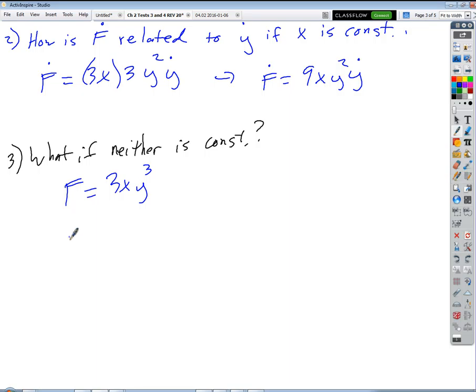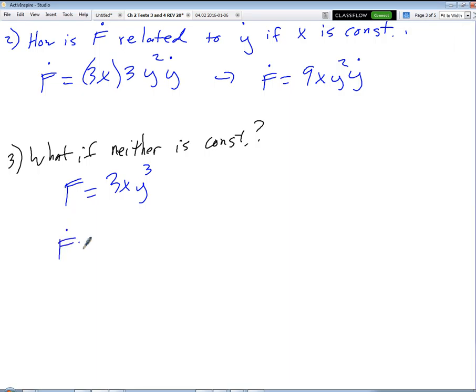So on the left, we've just got our f dot. On the right, the only constant now is the 3. So let's just leave that out front, and now I've got to do the product rule, right? So I've got first times the derivative of the second. What's the derivative of y cubed with respect to t? 3y squared y dot, right?